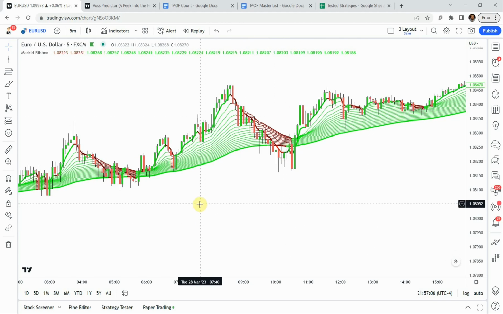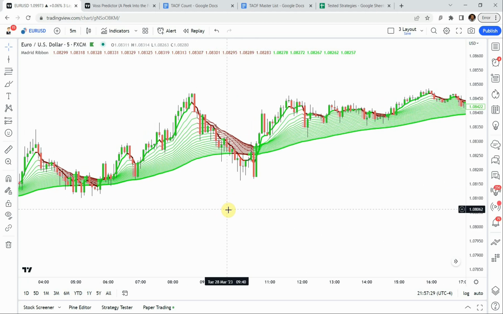And so the interesting part about that is that the source video didn't seem to put any kind of stipulation on the ribbon being under the big solid line here for shorts or above for longs. Like I said, it just strictly went off of the color of the moving averages.